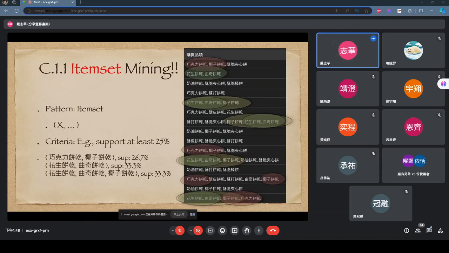So this is data analysis. This is mining. And it has no standard answers. So it is not like classification.